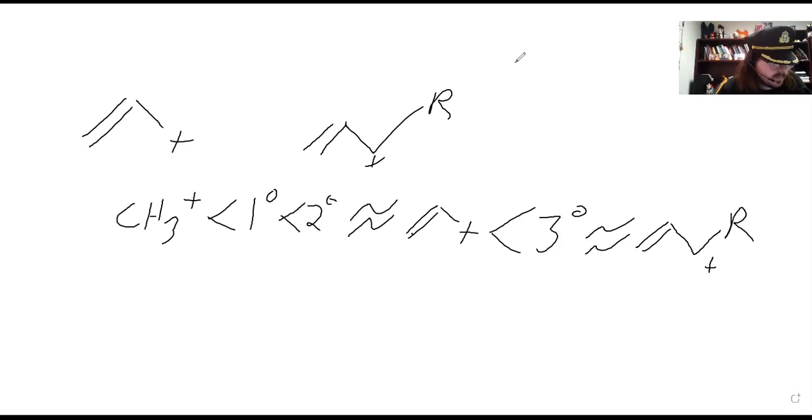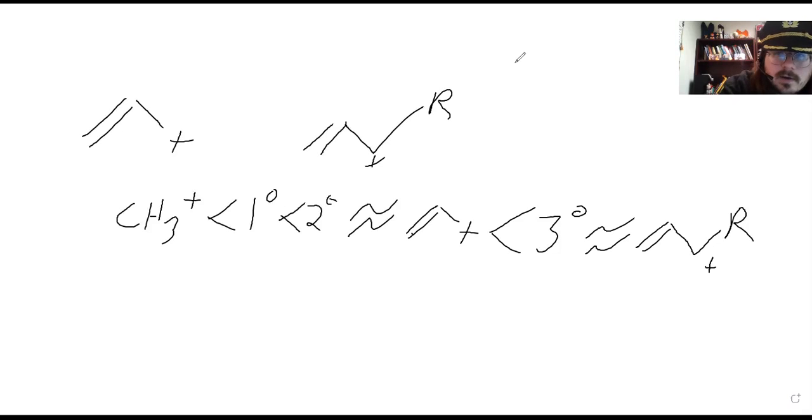Now, this stabilization, this delocalization, will also explain a really weird property of adding hydrobromic acid to dienes.